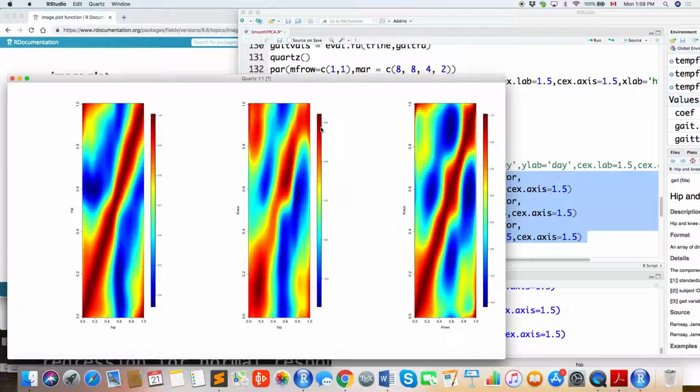So there's a strong correlation when the times for the hip and the knee are close enough.